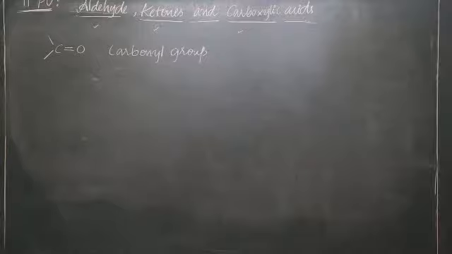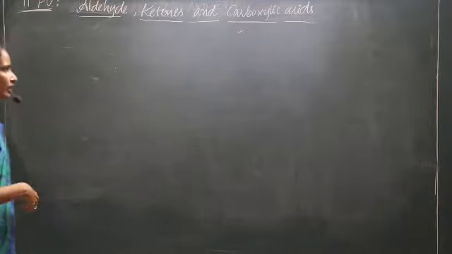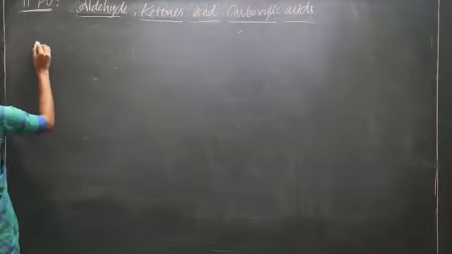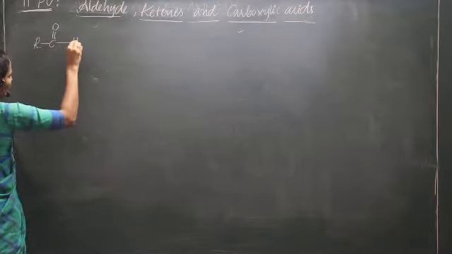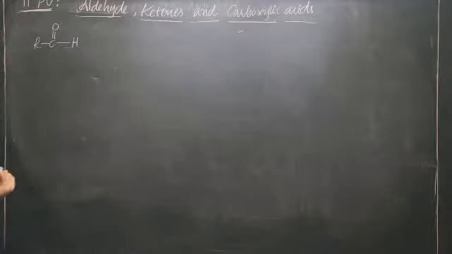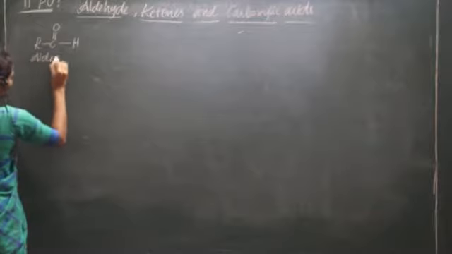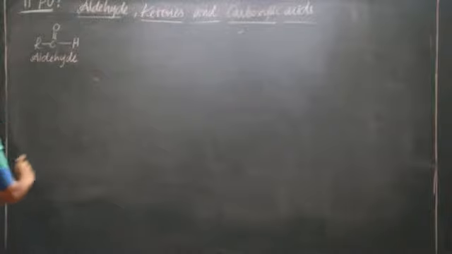Let us see the general representation of the functional groups in the case of aldehydes, ketones and carboxylic acid, and you already know about this. First one is R C double bond O H. This compound is called an aldehyde.